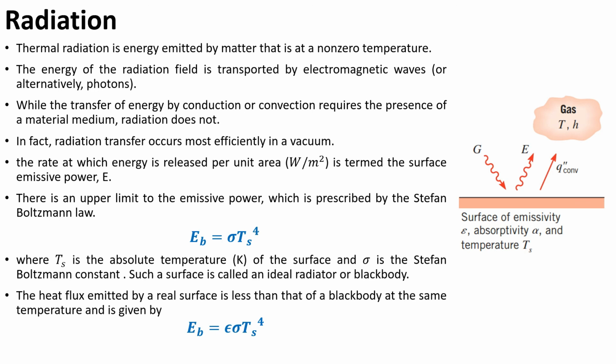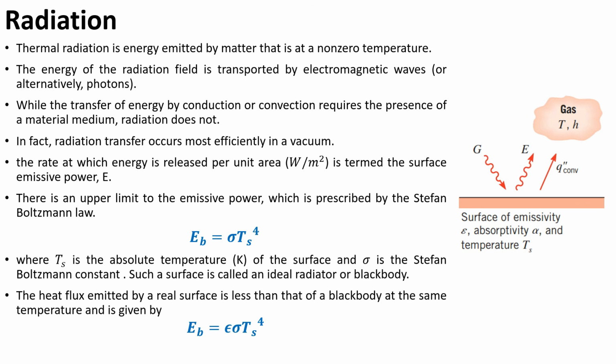But a real body emits radiation less than the black body, and the emissive power of the real body is given by E equals epsilon sigma T_s to the power 4, where epsilon is known as the emissivity of that body.